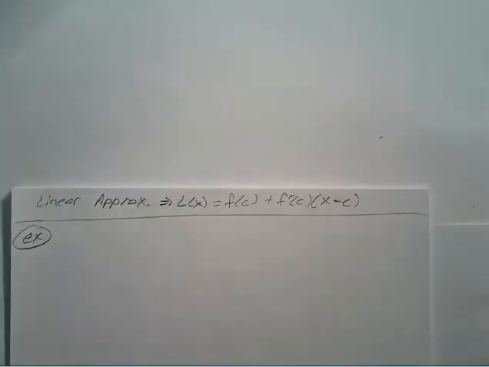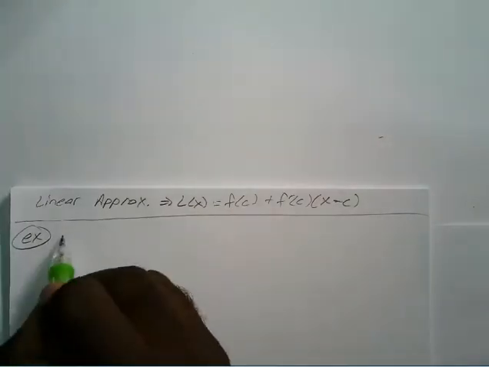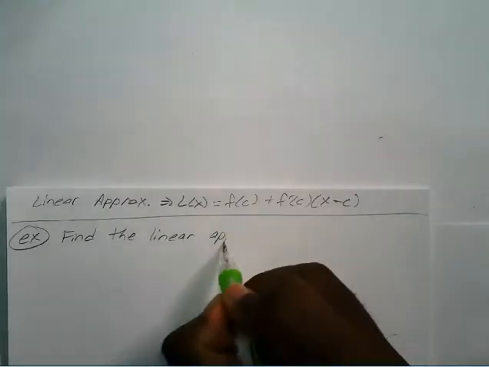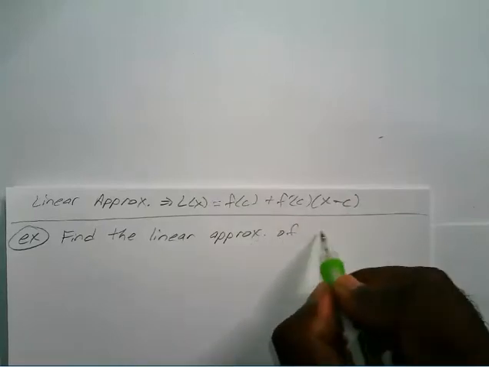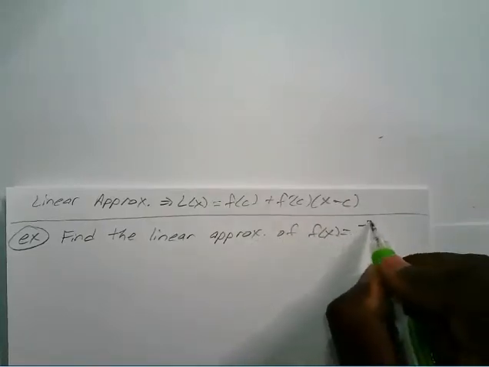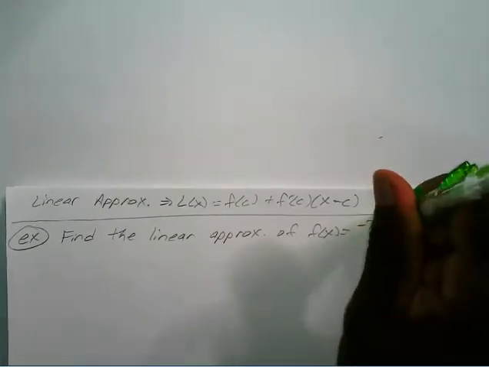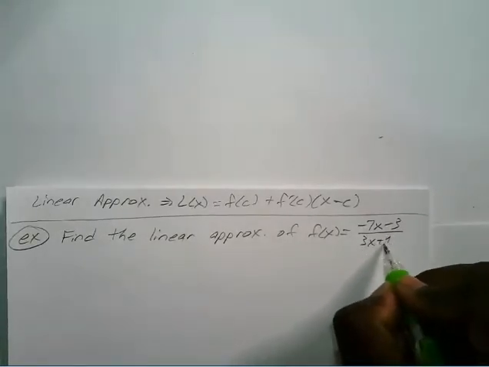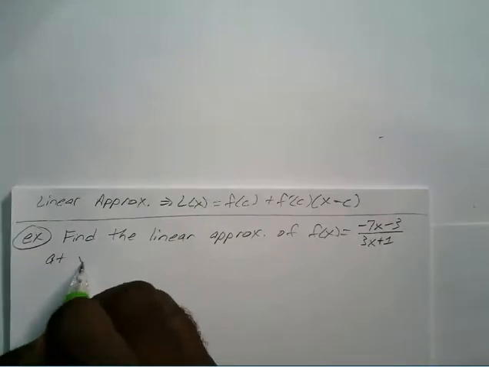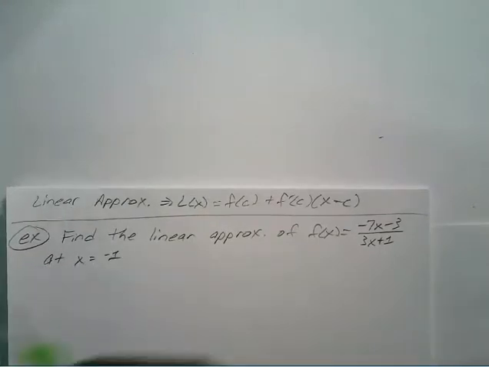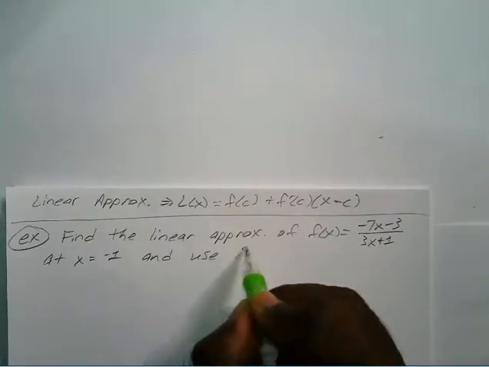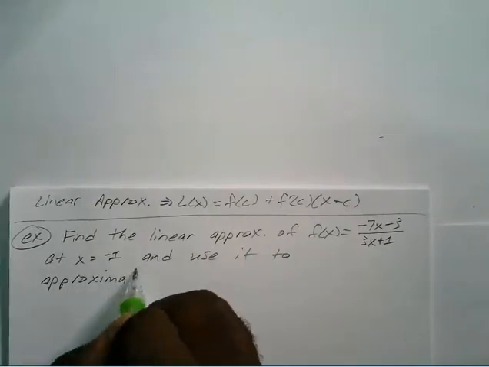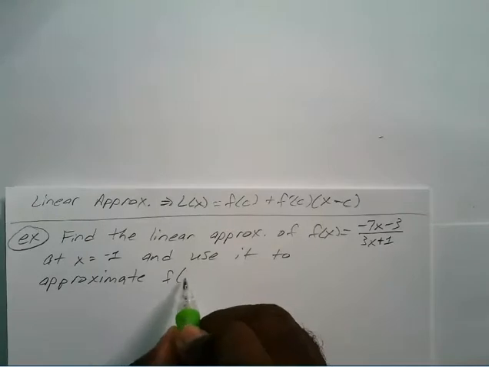Alright, so let's say, for example, what if we wanted to find the linear approximation of f of x equals negative 7x minus 3 over 3x plus 1 at x equals negative 1, and use it to approximate f of negative 0.8.